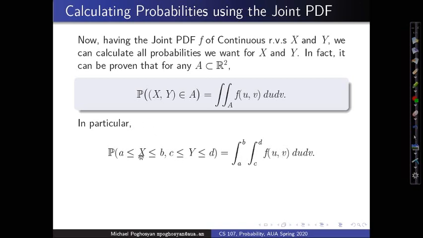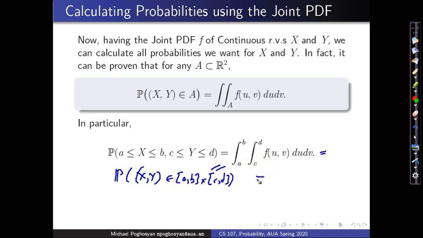If I want to calculate the probability that my point (X, Y) is in the rectangle [a, b] times [c, d], this probability is just the integral over this rectangle of joint PDF. And the integral over this rectangle can be written in iterated form as the integral from a to b. So I can write this in the following way.